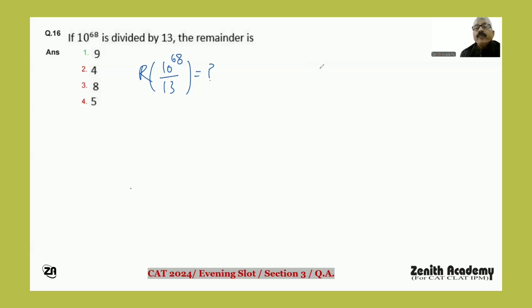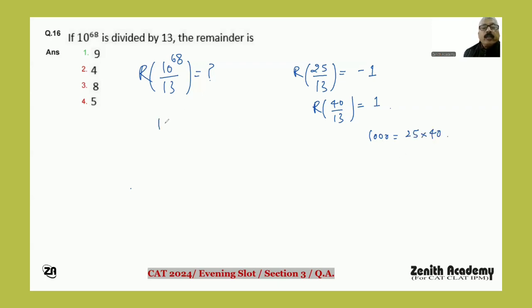So if we divide 25 by 13, then remainder will be -1. And if we divide 40 by 13, then 13 3 जा 39, so remainder will be 1. Okay, so here, you know, 1000 is equal to 25 into 40. So 10 to the power 68, we write it in terms of 66 plus 2.